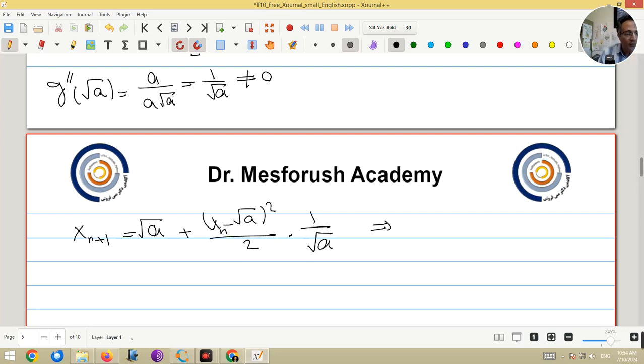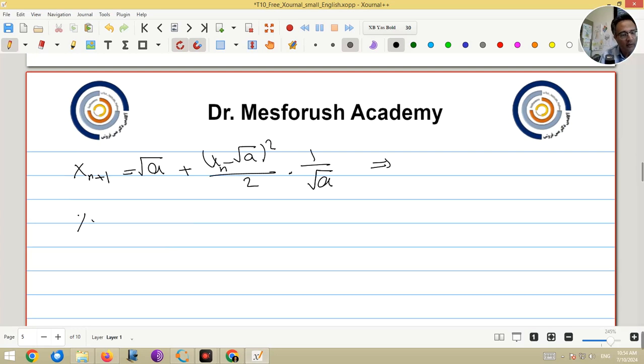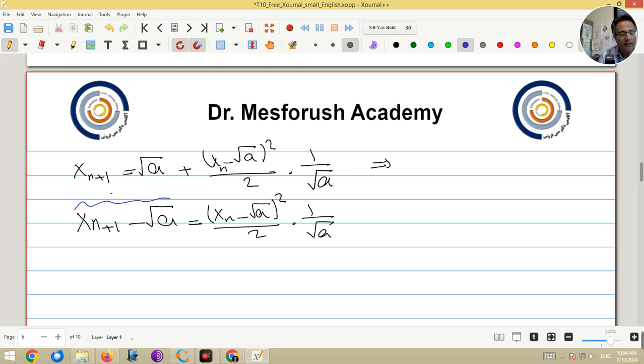Move the square root of a to the left hand side, so I get x_{n+1} minus the square root of a equal to (x_n minus square root of a) squared over 2 times 1 over the square root of a. Now consider this one e_{n+1} and this one e_n.